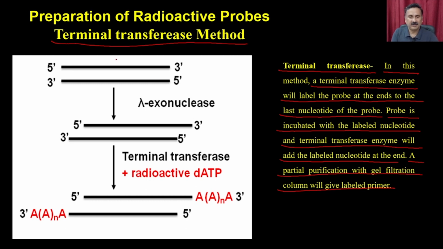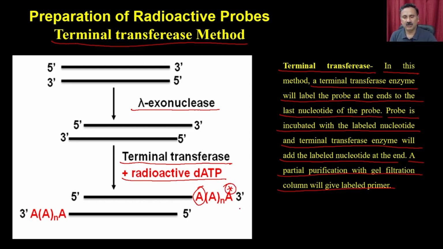So for example, this is the gene. First you treat it with an endonuclease, which causes the nicks, and then you add the terminal transferase as well as the radioactive dATPs. For example, if I want to radiolabel with ATP, it will add the A's on one end, and that's how it incorporates the radioactivity in both the strands of this particular gene.